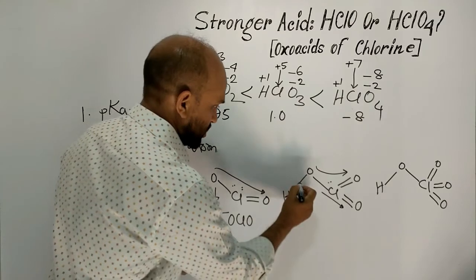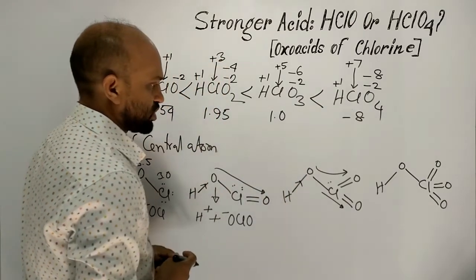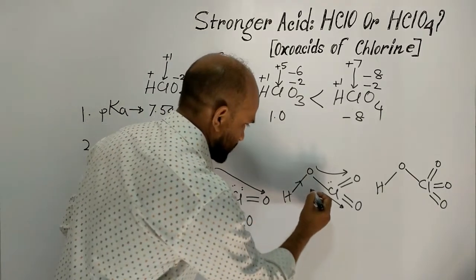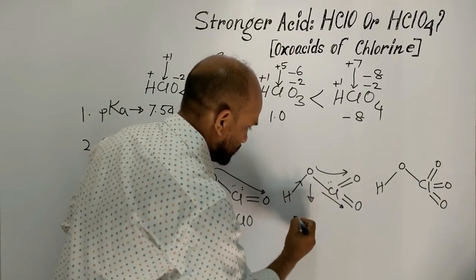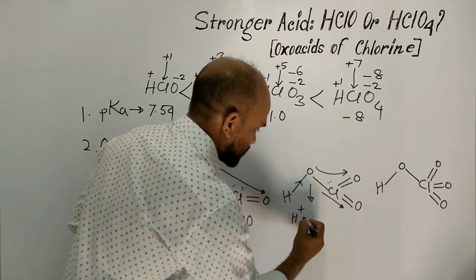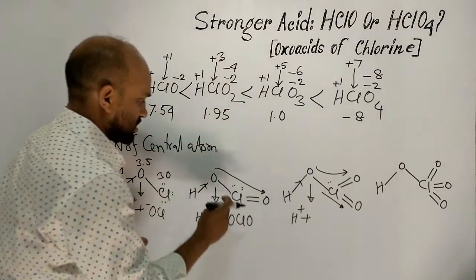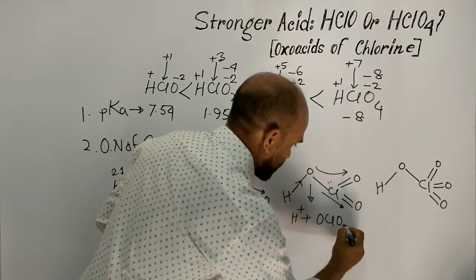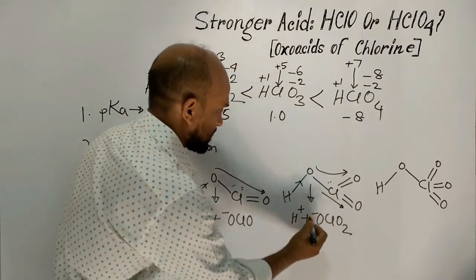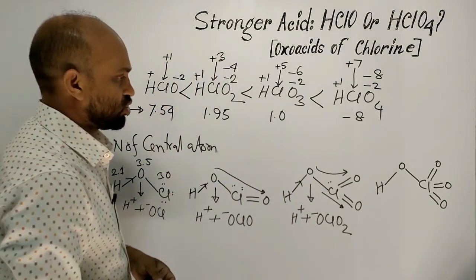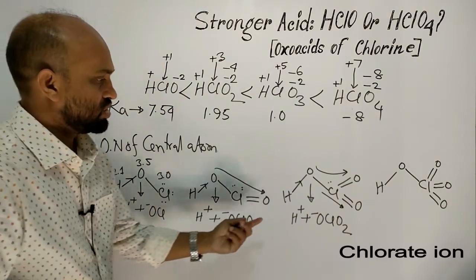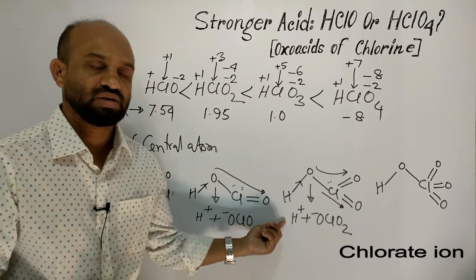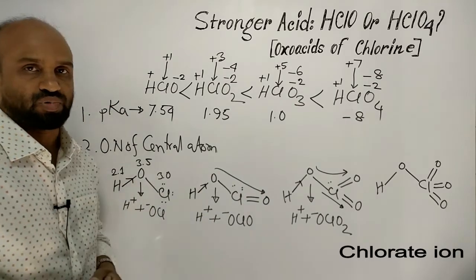That is why this bond gets polarized more easily than in these 2 compounds, and for this reason hydrogen is freed as proton more easily than from these 2 compounds. At the same time this anion is formed. The name of this anion is chlorate ion. So from this compound hydrogen is freed as proton more easily than from these 2 compounds.